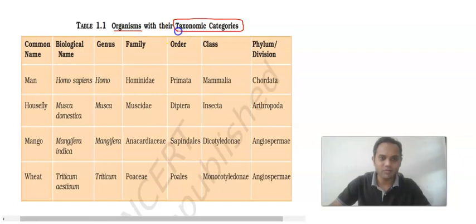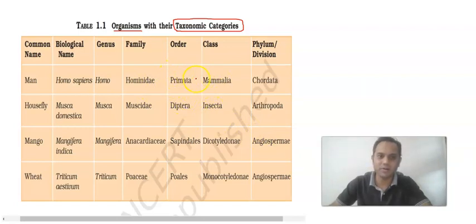Here you just want to memorize all these things, because in the NEET examination you might be asked, for example, man belongs to which order, or you might be given 3 different types of order.